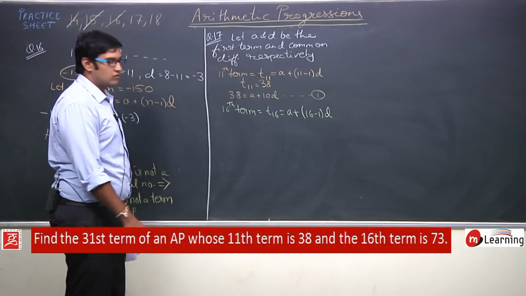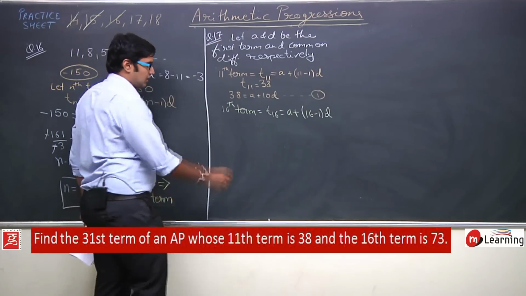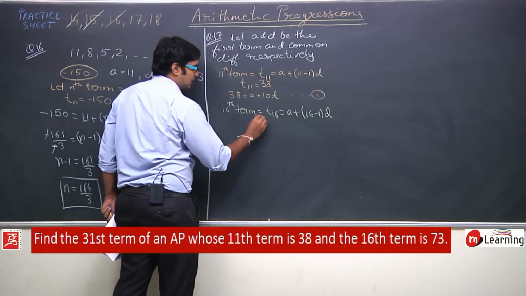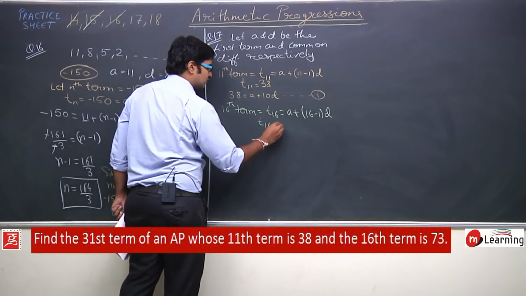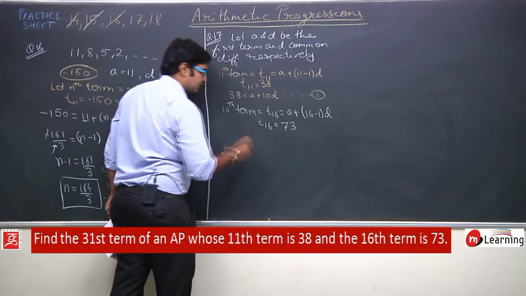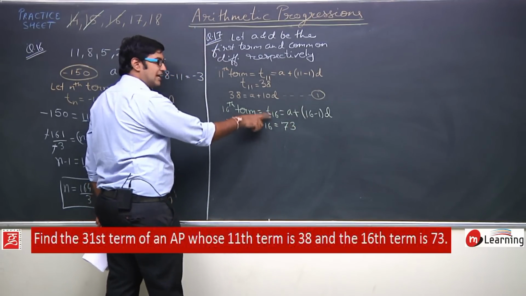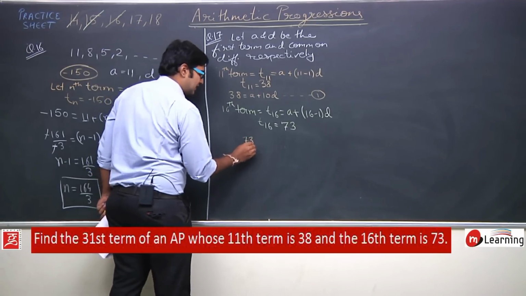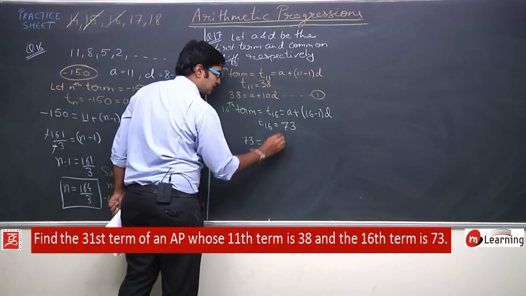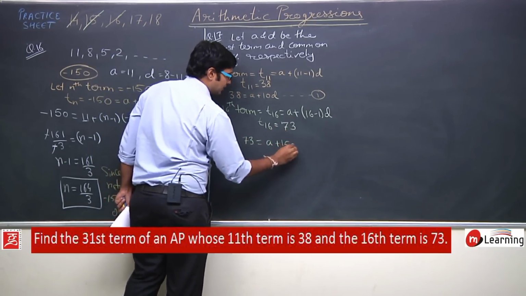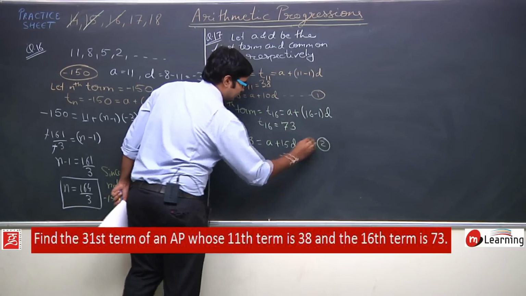So T16 is equal to 73. Relating these, you will get 73 is equal to A plus 16 minus 1 is 15 D. Let us say this is the second equation.